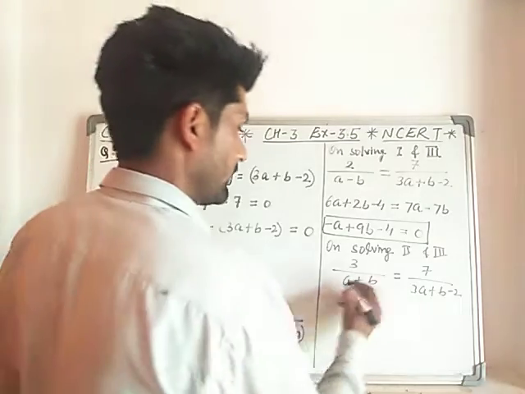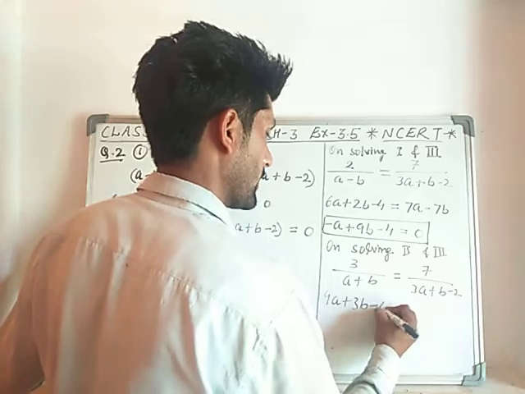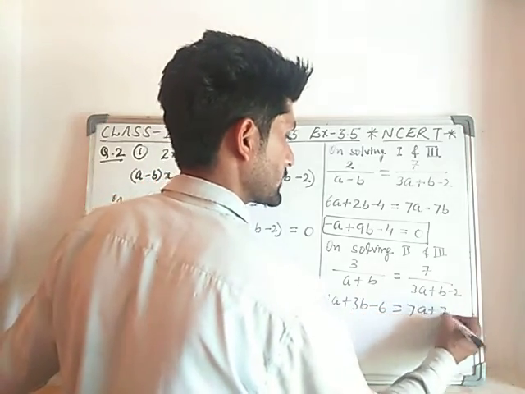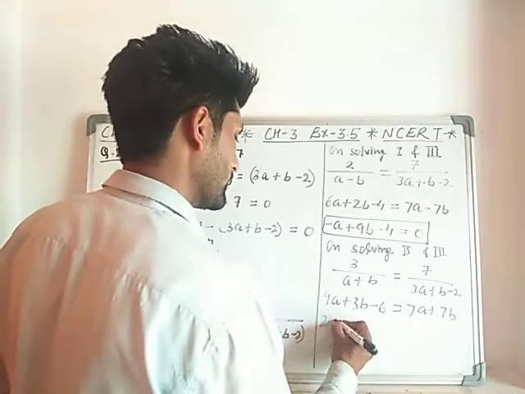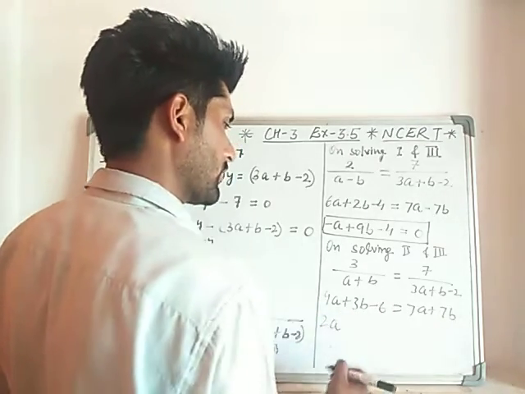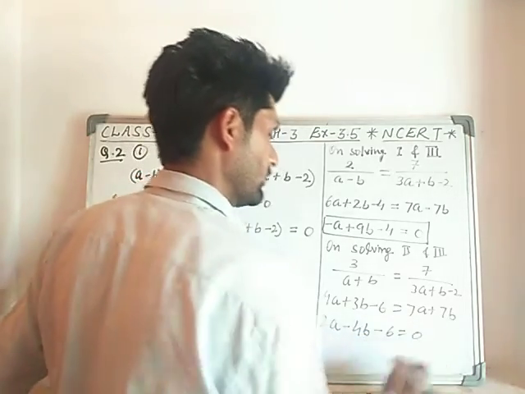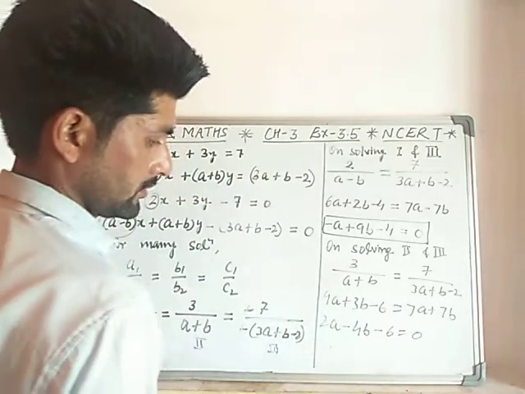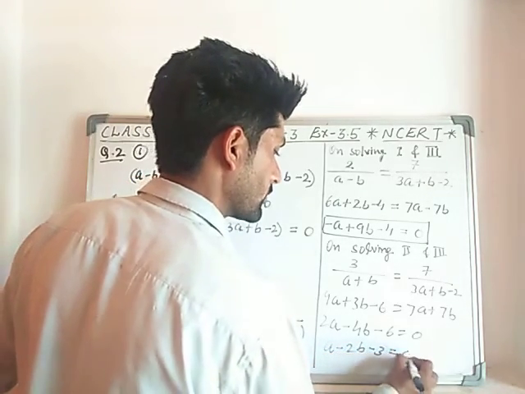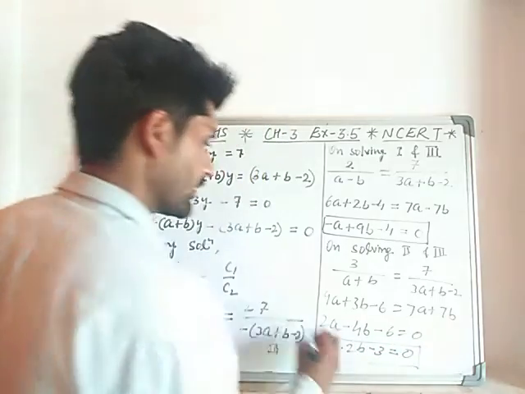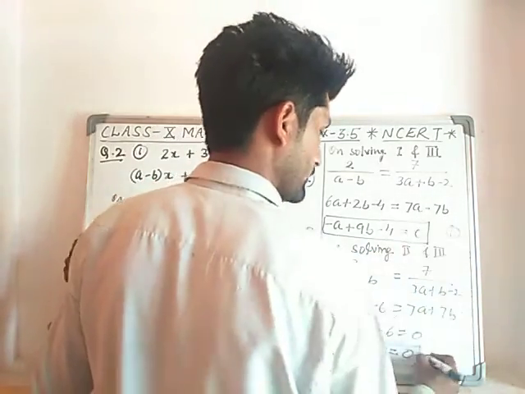Okay, it will be 9A plus 3B minus 6 is equal to 7A plus 7B, right? So 9A minus 7A is 2A, 3B minus 7B is minus 4B, and minus 6 equal to 0. Taking 2 common, I get A minus 2B minus 3 equal to 0. This equation is formed, and we take this as the first equation and this as the second equation.